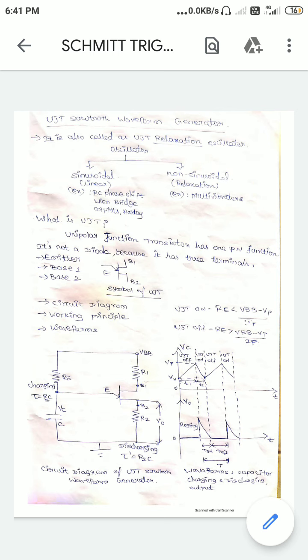T-on and T-off combined are called the total time period T. By finding the value of T, we can find the frequency. Frequency is equal to 1 by T. So we can easily find the frequency of the waveform generated by this sawtooth waveform generator. I hope you all understood this concept. Thank you.